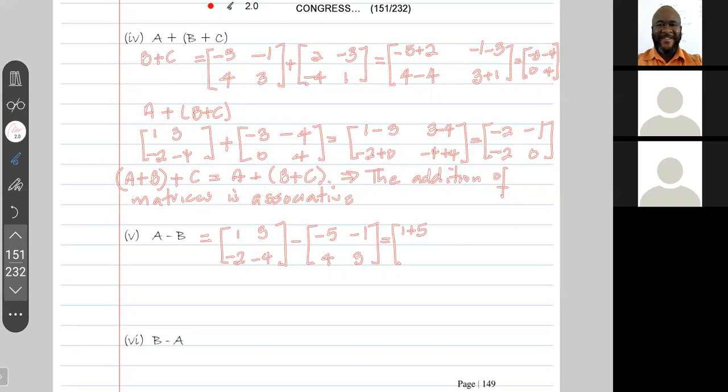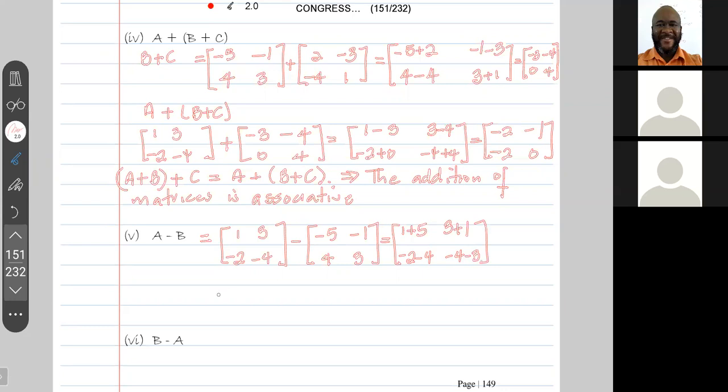Then we have 3 minus minus 1, which is the same as saying 3 plus 1. Then we have minus 2 minus 4 and minus 4 minus 3.